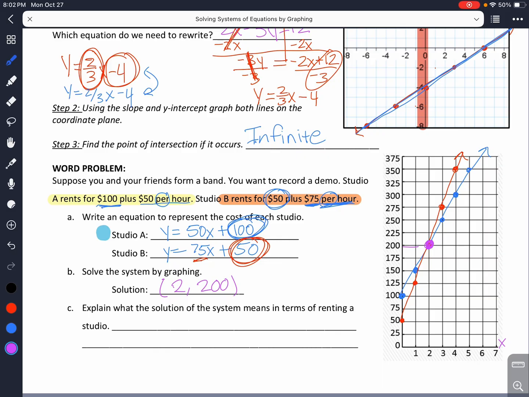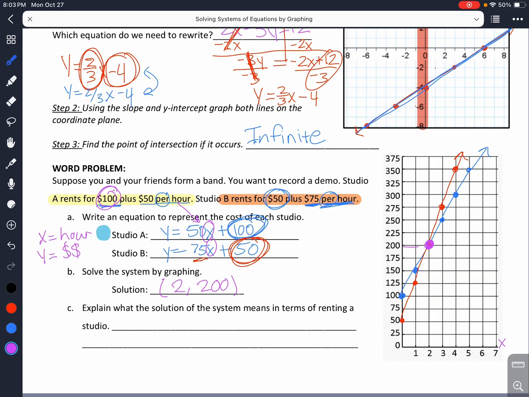Okay, what is 200? Okay, so let's go back and look at our word problem. So it says we want to record a demo, we want to rent some studios. Studio A rents for $100 plus $50 per hour. So remember here, this X value, because we said it's with the per, the X value is the hour, okay? Our Y value is how much does it cost to rent for that many hours.